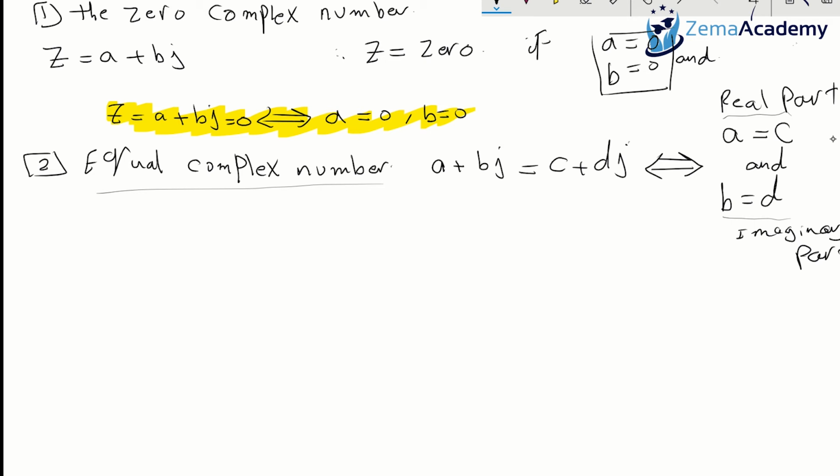Okay, so once the real parts are equal and the imaginary parts are equal, the complex numbers are equal. Okay.